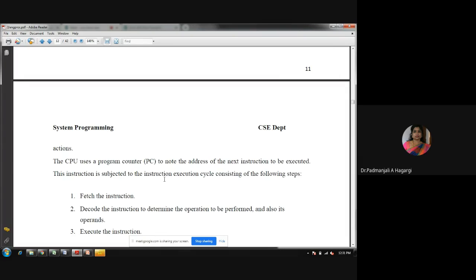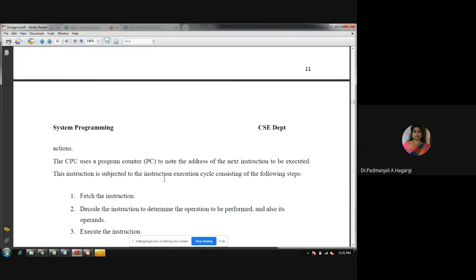How does it act as a translator? Because it is transferring whatever target language it generated to the linker, to the next phase. So the next phase is linking.